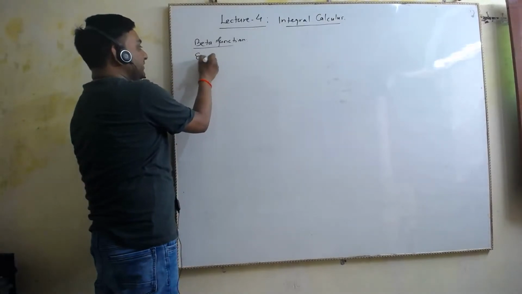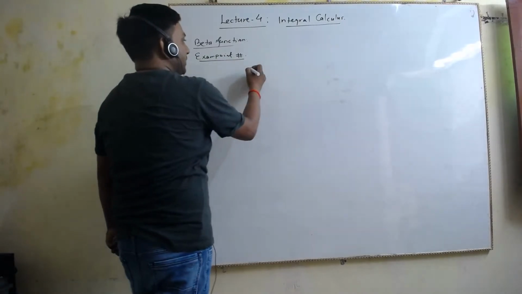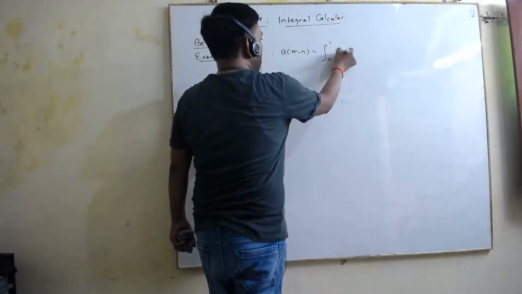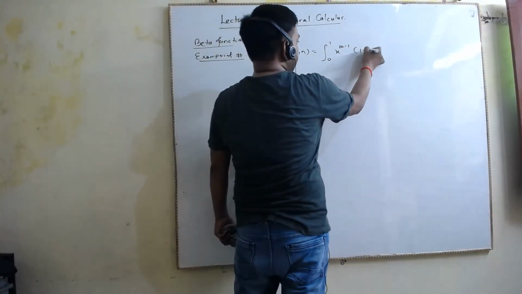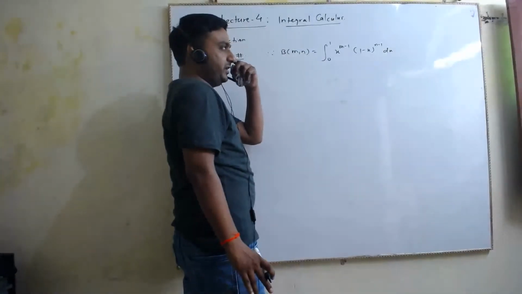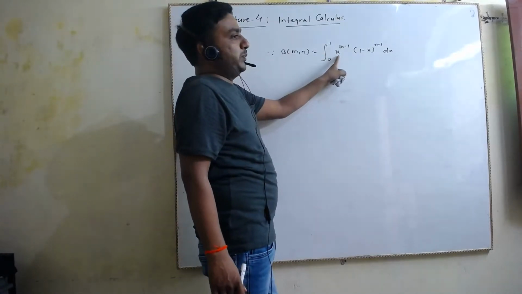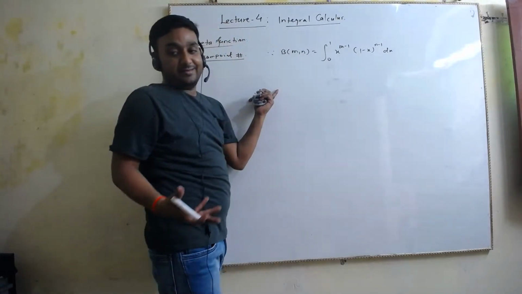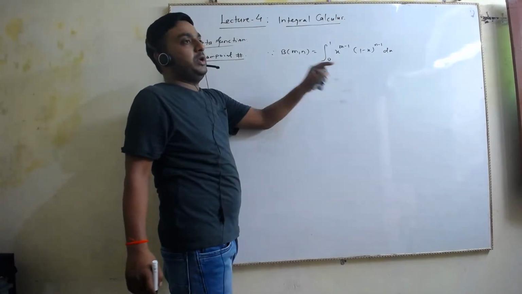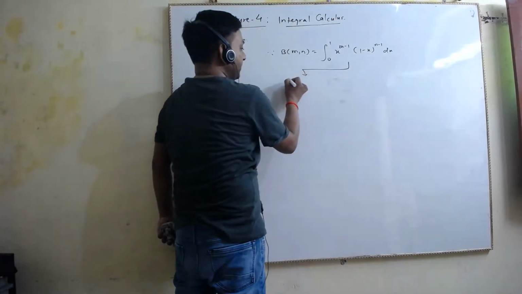Chalo, let's write one more exam point here. Since beta mn is integral 0 to 1, x raised to the power m minus 1. Okay, dear fellows, what happens if you put x equals 1 upon y? Do you get my point? What happens if you put x equals 1 upon y? Just like randomly we are thinking, okay?